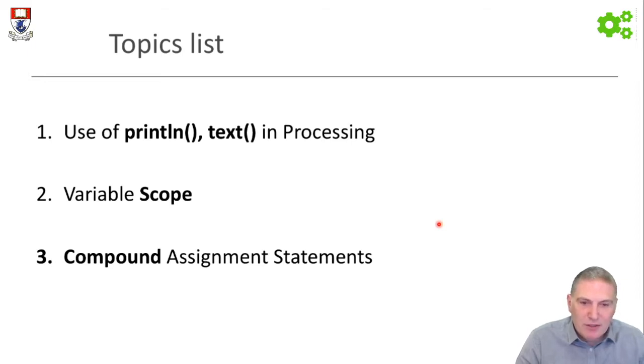So maybe I'll just give you a question to do. Let's switch to Socrative. And my question is, I want you to write the line of code, please, that will put your name at position x equals 40 and y equals 70 in order to output your name in the text in the display window in processing.